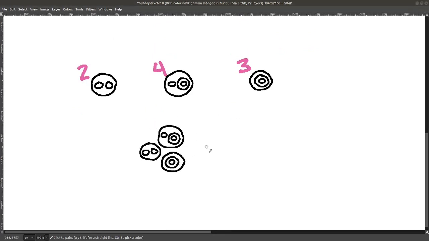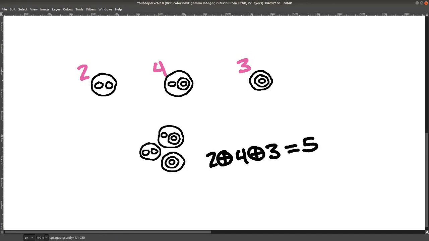The state here, Sprague-Grundy tells us that it's just the nim sum of each of the individual ones. And that's 2 and 4 is 6, 6 and 3 is 5.